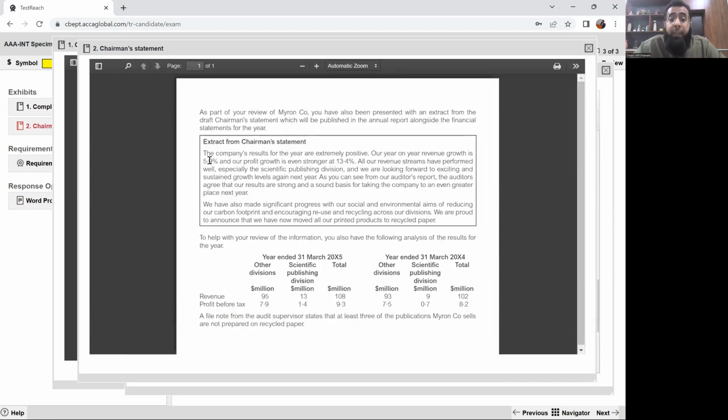Now, moving forward, the chairman has stated that they are looking forward to sustained growth levels in the next year. On this, you can argue that the growth was majorly contributed by the scientific publishing division, and the scientific publishing division is to be sold, and the negotiations to sell it are underway.